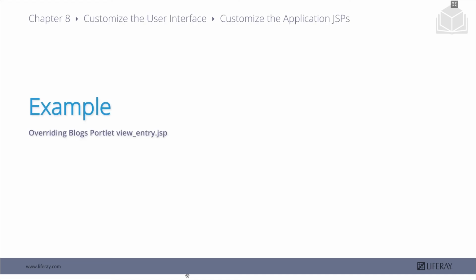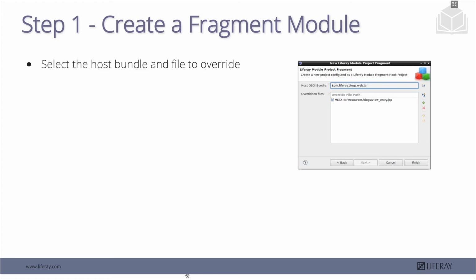Let's take a look at a really quick example of overriding the viewEntry.jsp. First, we're going to use the wizard to make our lives a little bit easier. Using the Liferay module project fragment, we select which specific OSGi bundle we want to target, and then which JSP we want to override.